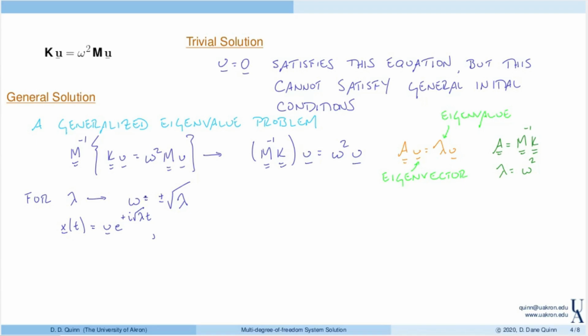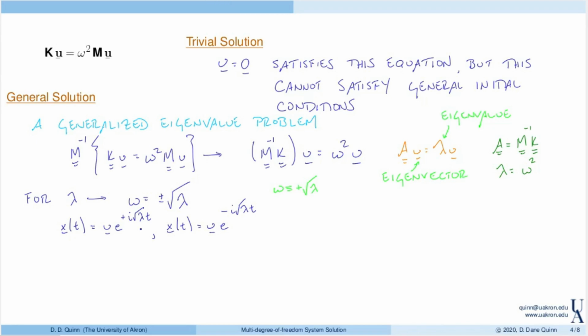And we have a second solution that looks like x of t is equal to u e to the minus i square root of lambda t. Going forward, I will always assume that omega is plus square root of lambda, and then I'll just add in explicitly the positive or negative sign.